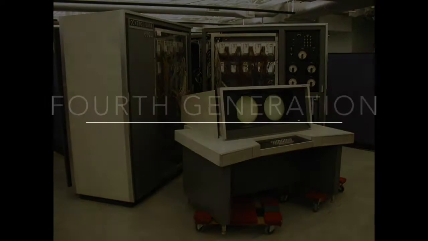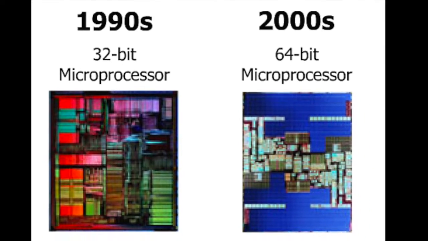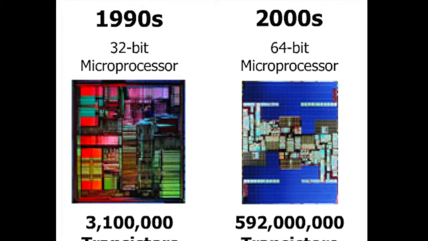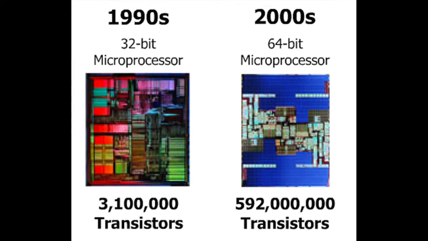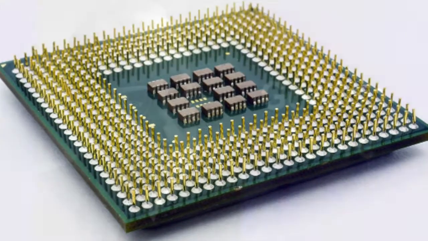The fourth generation, from 1971 to 1989. With the invention of microprocessor in 1971, fourth generation of computer evolution started, and present-day computers are also categorized in the fourth generation.